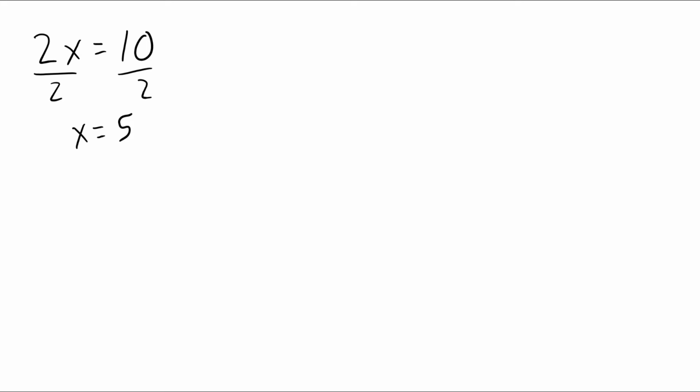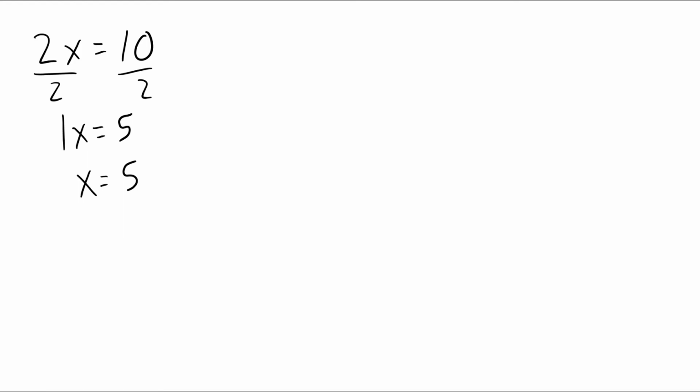The reason why that works is because 2 divided by 2 on the left side gives us 1x. And 1 has a special property: when we multiply 1 times something, we just get that same something. So 1x is really just x equals 5. And that's why it works.